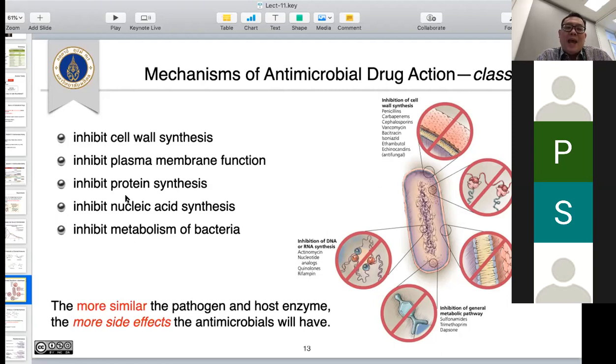Metabolism is also good, but it is not easy to find a pathway that is present only in bacteria, not in humans. For plasma membrane function, we need to point to some protein that is present in bacteria, not in humans. Membrane protein. So there are five basic mechanisms.